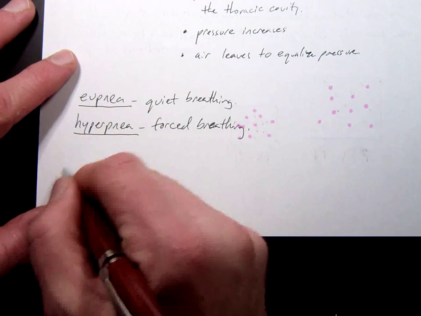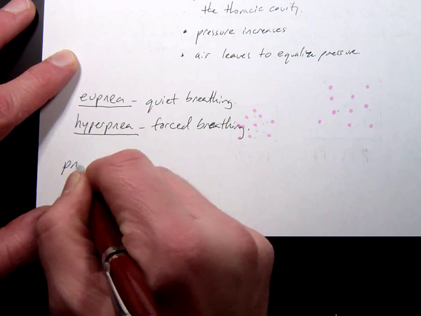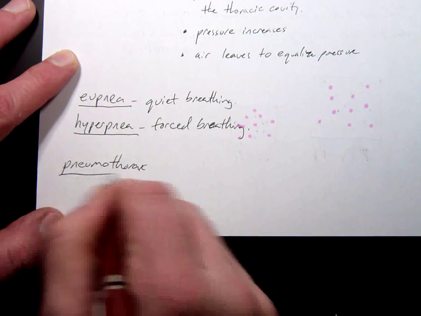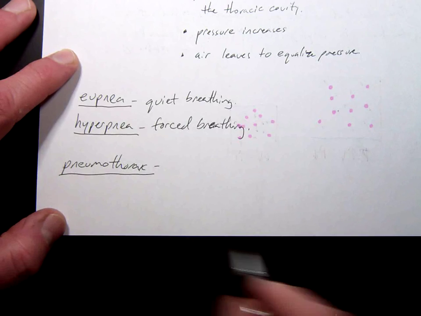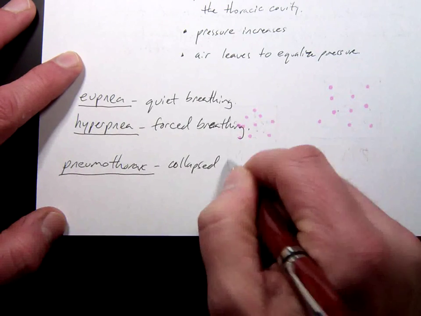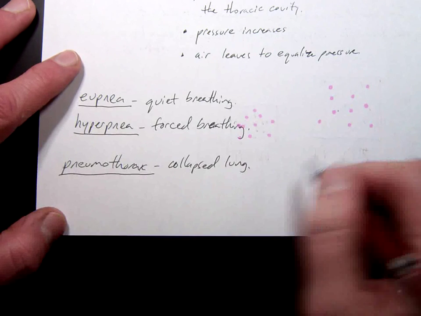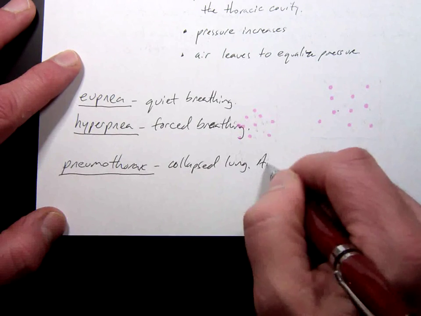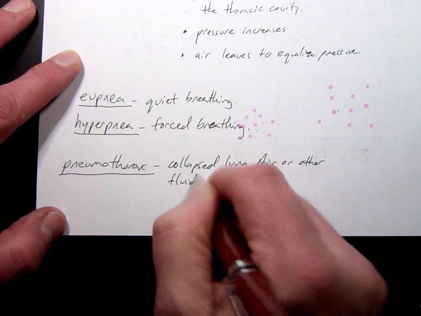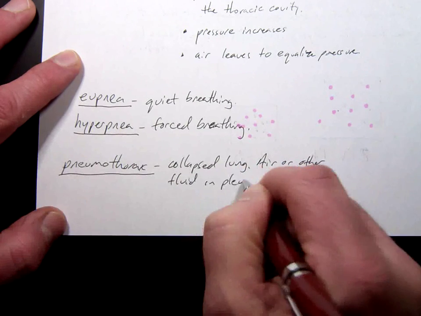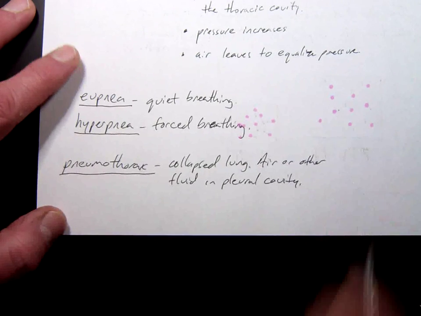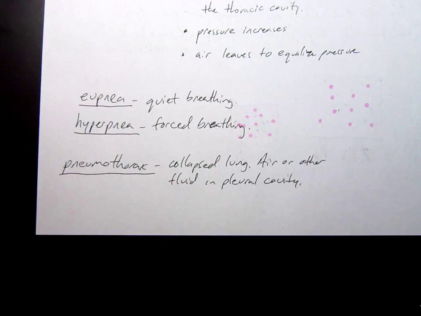It's called a pneumothorax, which literally means air chest. Collapsed lung. Air or other fluid in the pleural cavity. That's a collapsed lung. Okay.